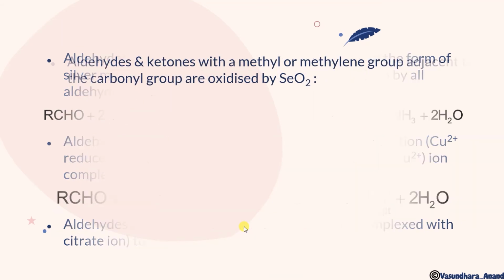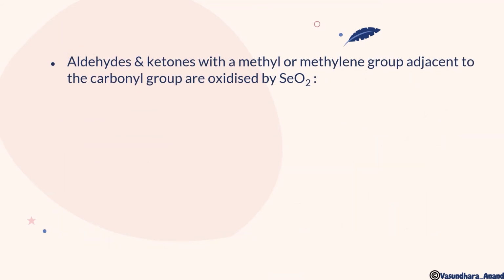Okay. Now, aldehydes and ketones with a methyl or methylene group adjacent to the carbonyl group are oxidized by SeO2. This is again the next point. Methyl means CH3 group and methylene means CH2 group, adjacent to the carbonyl group, oxidized by SeO2, also called selenium oxide.